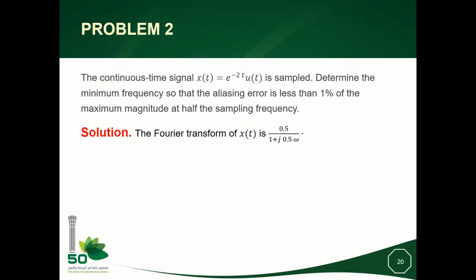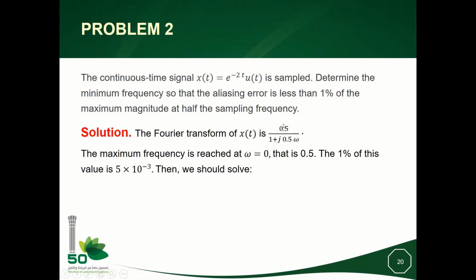So we will start by computing the Fourier transform of x(t), and this gives the value 0.5 over 1 plus jω/5. So the magnitude of this is 0.5 divided by the square root of 1 plus ω squared over 25.